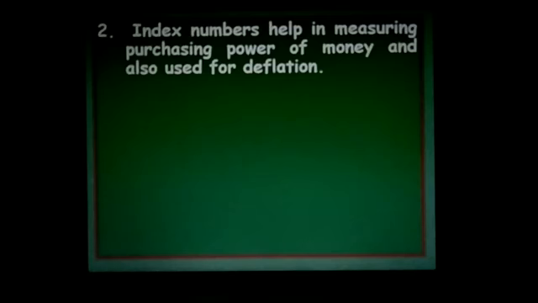Usually we say in other words that the value has lost its power, or the money has lost its power, the money has lost its significance. Money does not have much importance these days. These are our usual statements.